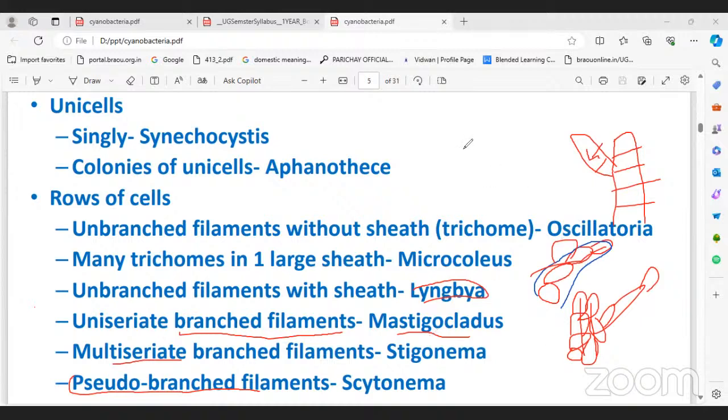Actually, it looks like a branch, but not branched. I will draw here. This is one filamentous, and this is another filamentous. Both are different. Both are different Scytonema.